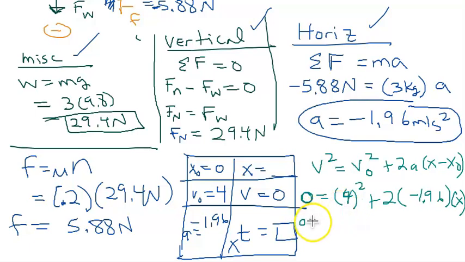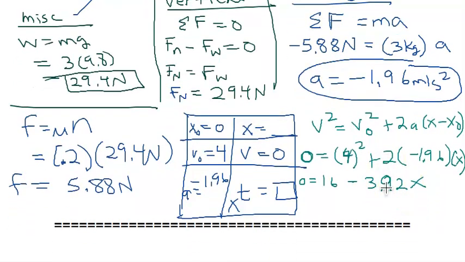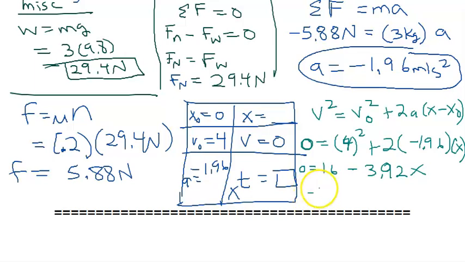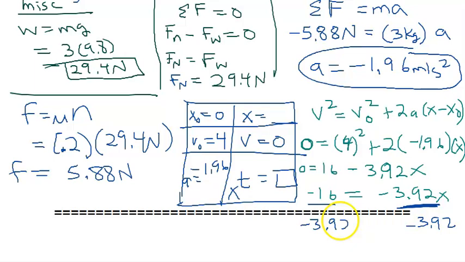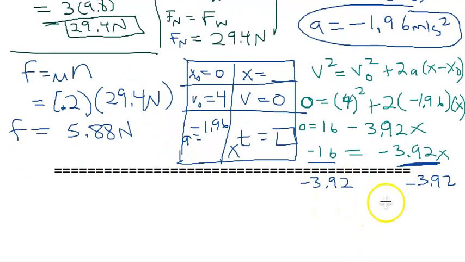Okay, so 0 equals 16 minus 3.92x. We care about x. So let's subtract 16 from both sides, and then divide by negative 3.92. And that's good because then we get a positive value for x, which is good because we knew it was going to the right.